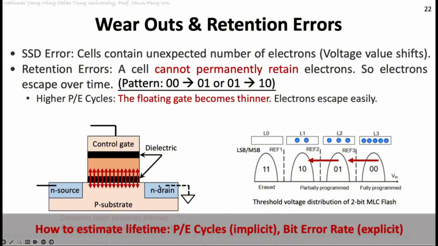It only gives you a big picture: if you have higher PE cycles, then probably the lifetime is bad. But for each cell, it is hard to say, because cells have their own health status. Not all cells share the same health status. So if you want to know the health status of each cell, I mean how much data we can still retain, then bit error rate is a more exact number.